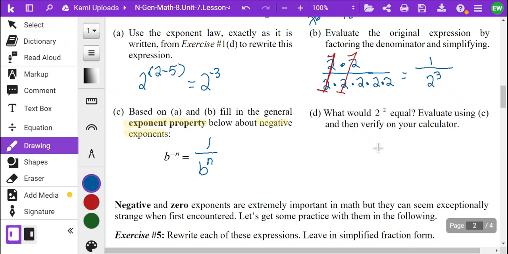Okay, so what would 2 to the negative 2 equal? So I know that 2 to the negative 2, I'm going to turn it into a fraction with the base as the denominator, and then that exponent just becomes positive. Okay, so let's multiply that out, and then you're going to put it in the calculator and see if you are correct.